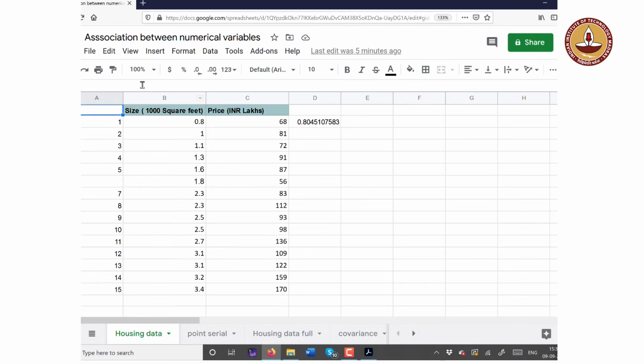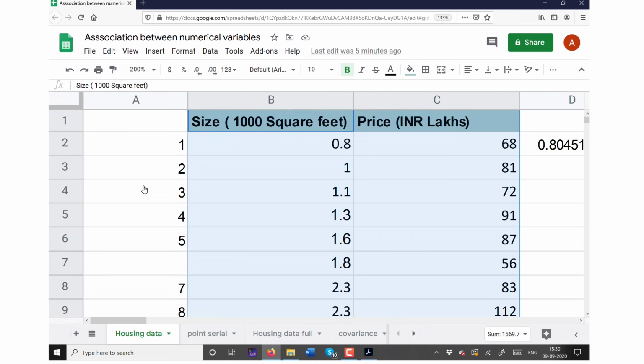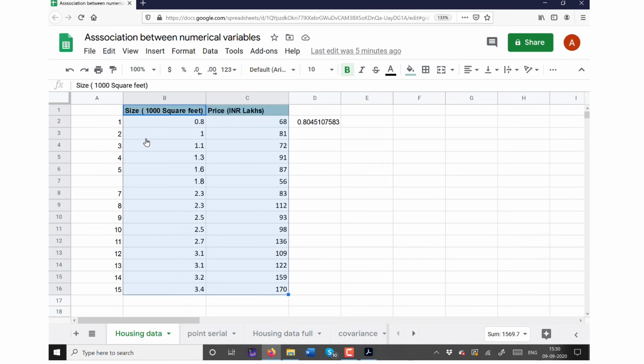So, let us go back to our Google Sheets. You can see that I start with my first data here, which is size versus price. I go to this data set. So, how do I find the equation of a line using a Google Sheet?